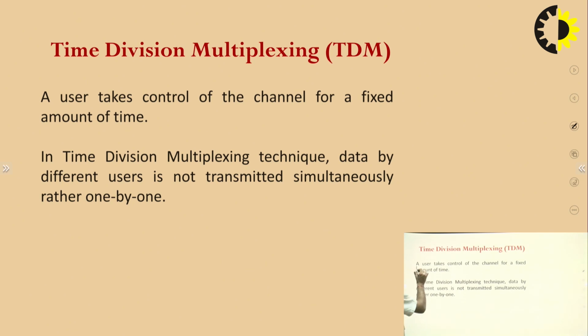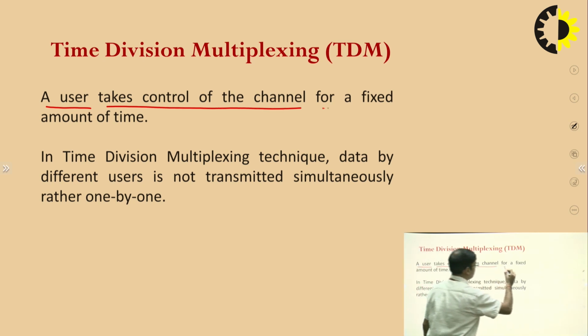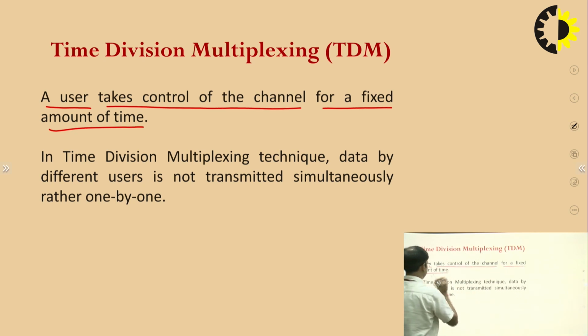Here we can say that one single user takes control of the channel for a fixed amount of time. After that, the control is given to the next user for a specified amount of time in which that user can transmit its data, and so on.